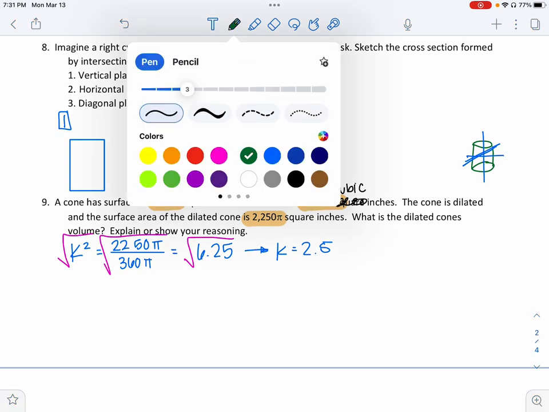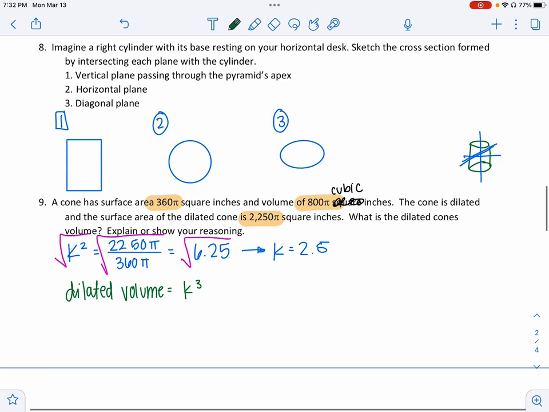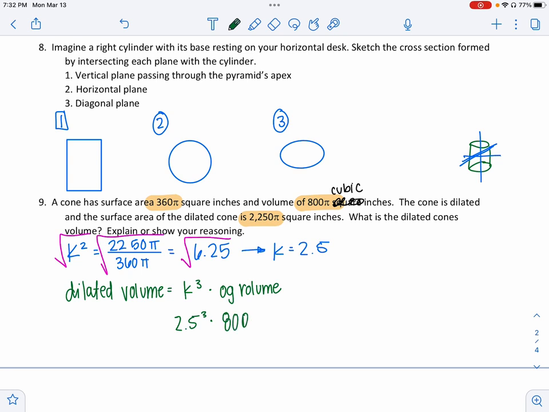Now, since we want to find the new volume, the equation is the dilated volume equals k cubed times the original volume. The original volume is 800 pi.